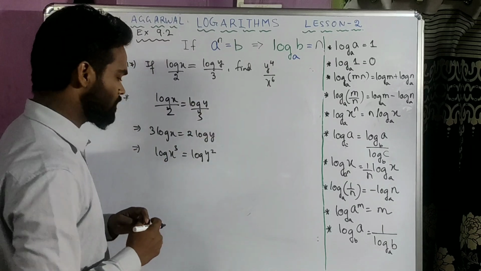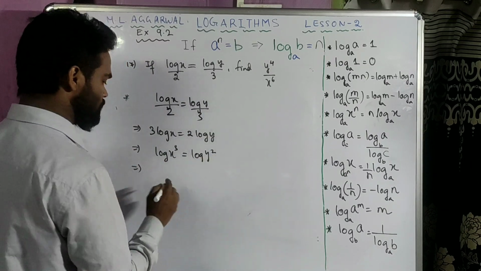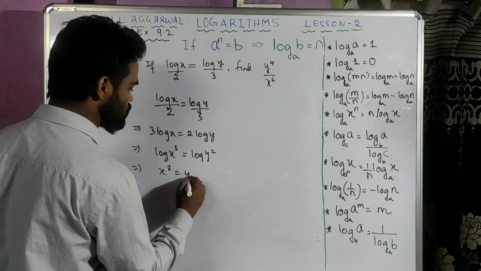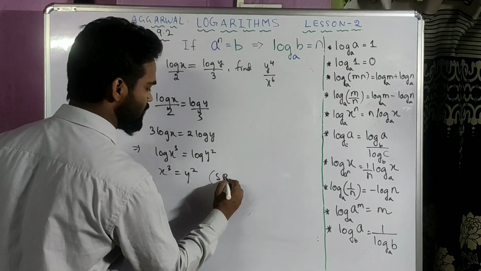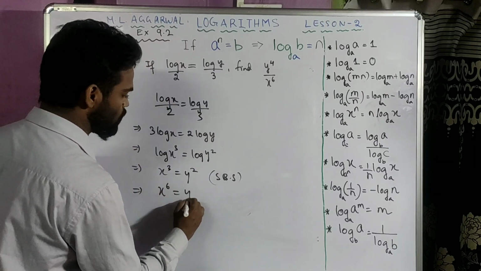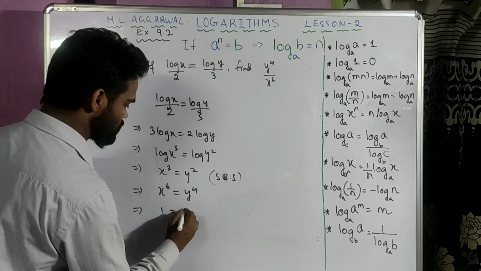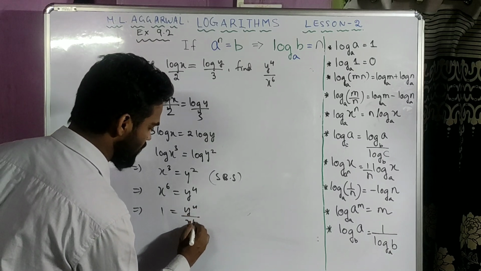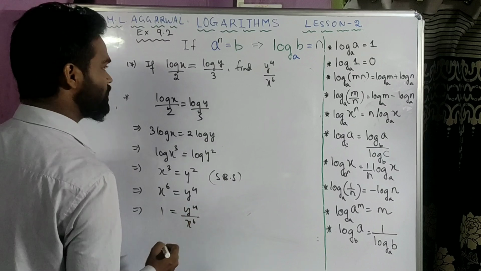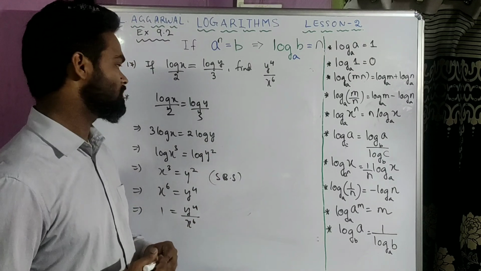The coefficient becomes a power. Now this is log a equals log b, so we can again write a equals b, which means x cube equals y square. Now squaring both sides, what will you get? X to the power 6 equals y to the power 4. So if you take this over here, 1 equals y to the power 4 by x to the power 6. So y to the power 4 by x to the power 6 is 1. Done.